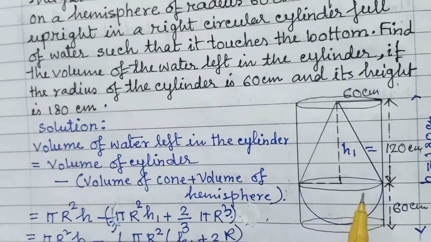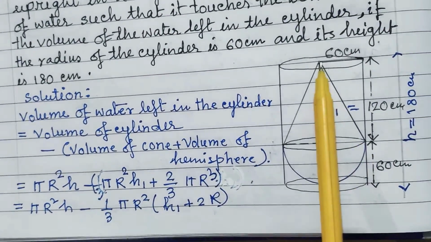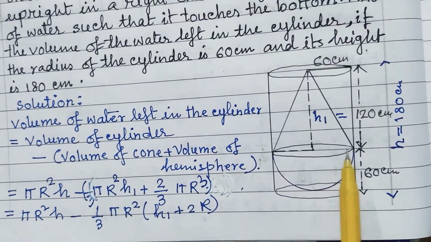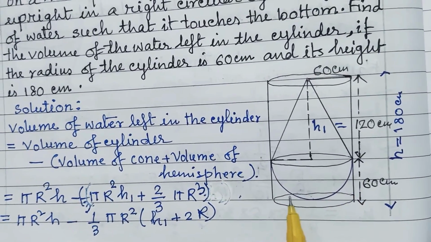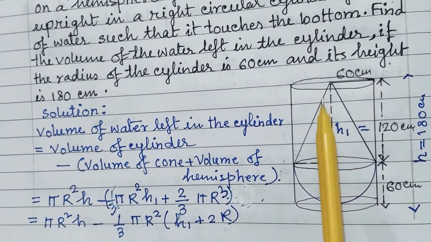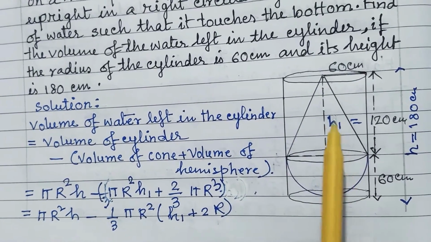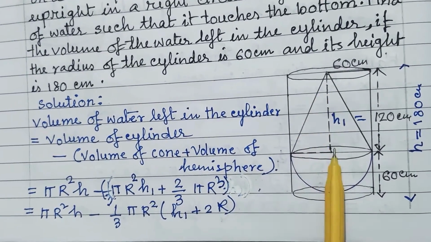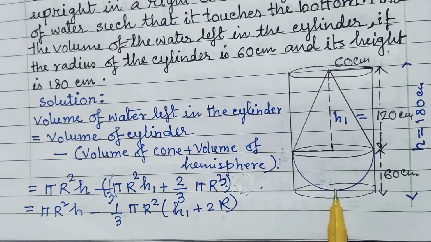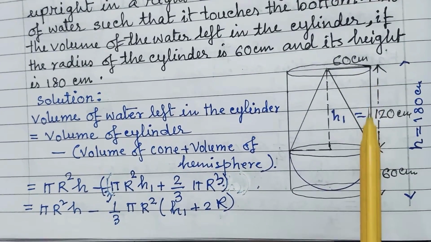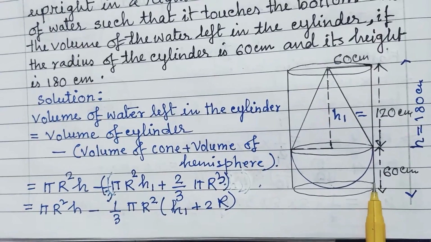Now see here, one cone and one hemisphere are together placed inside a cylinder, where the total height of cone and hemisphere is equal to the height of the cylinder.